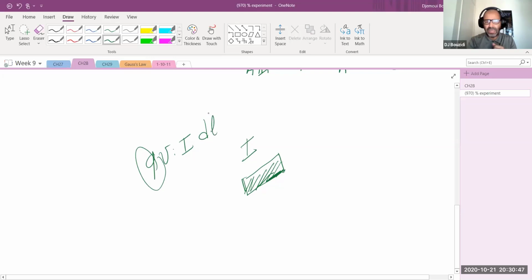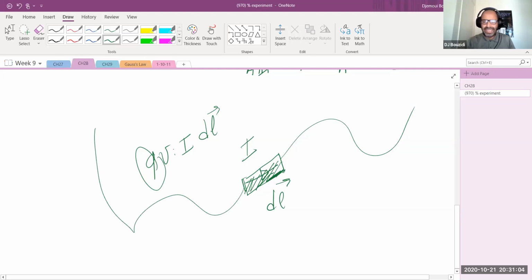In this case, I'm going to call it dl. So this element dl is sitting in space. Of course, you cannot have an element of a wire sitting anywhere with a current running through it. That doesn't make sense. But take any element of a wire that is probably stretched all over the place. So this is how the wire potentially looks like. I just take an element of it of length dl.